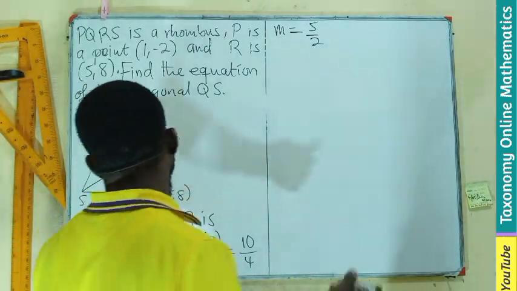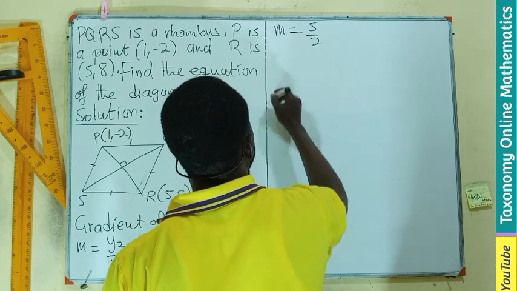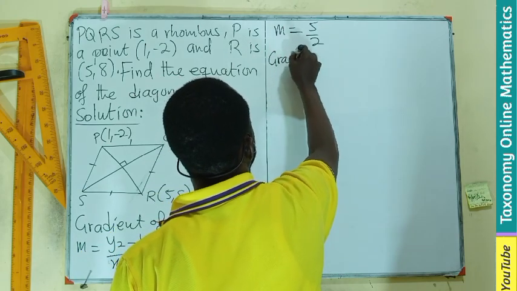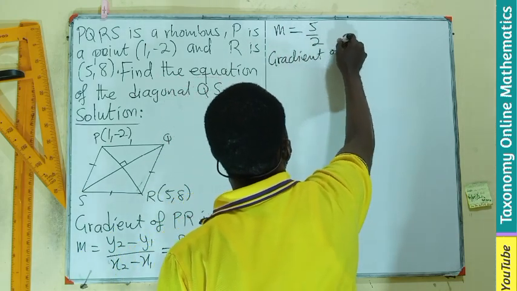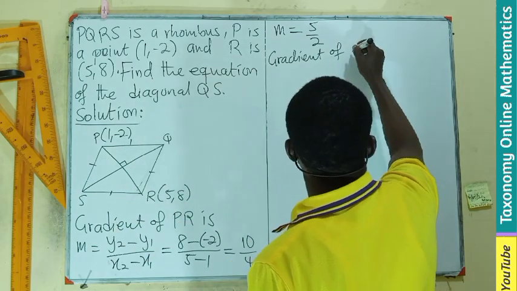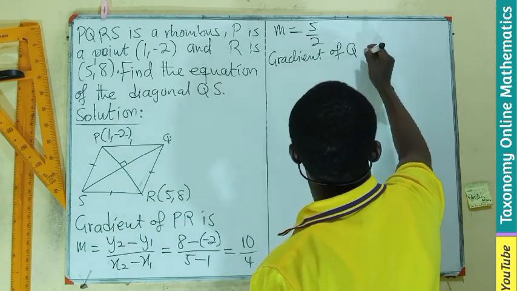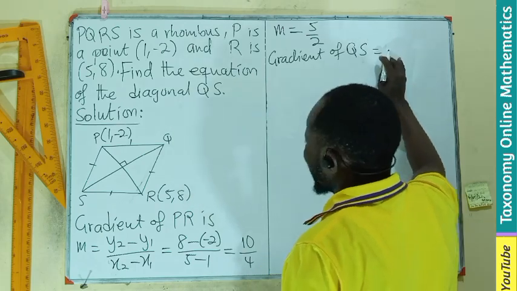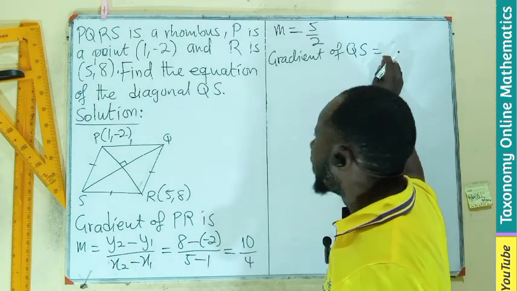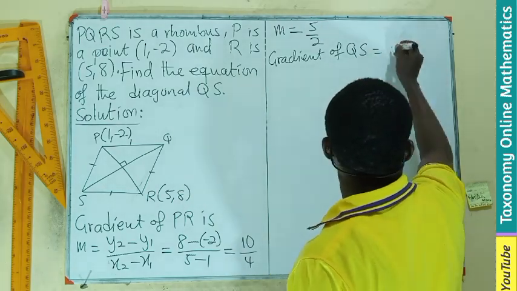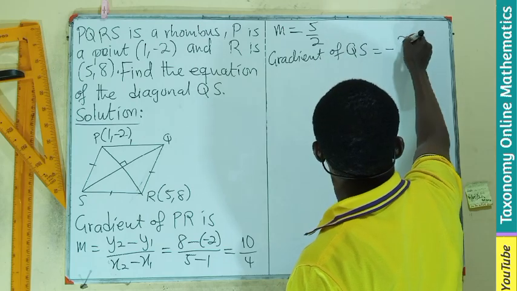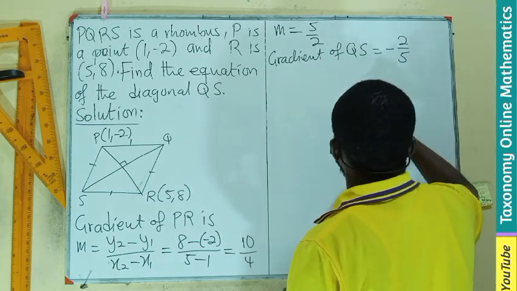So I can say that the gradient of the diagonal QS is going to be the negative reciprocal. Negative reciprocal meaning 2 on 5.